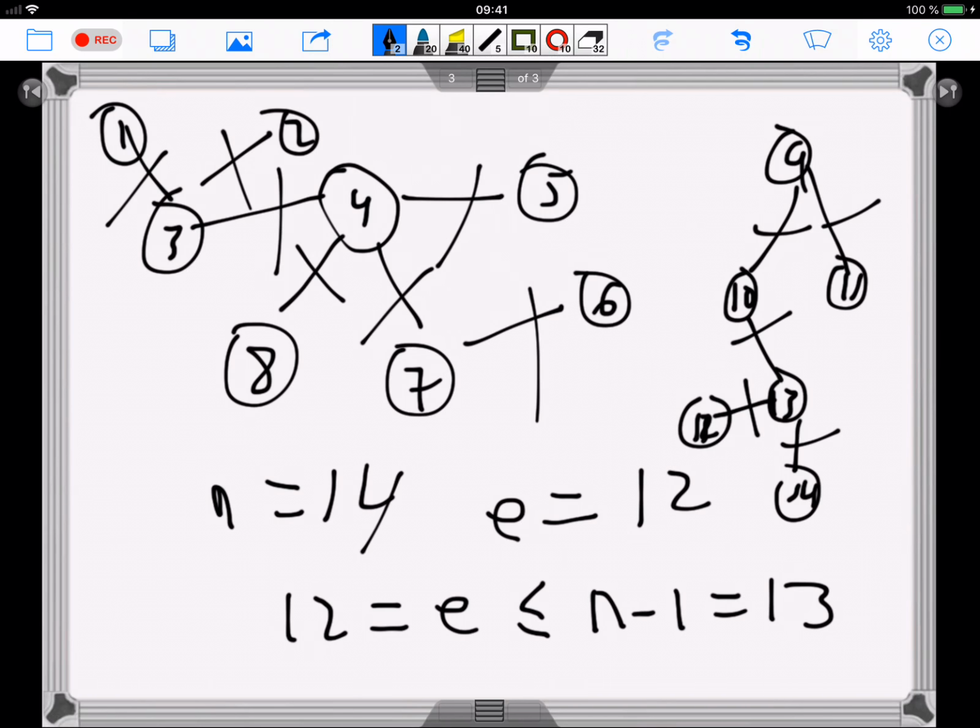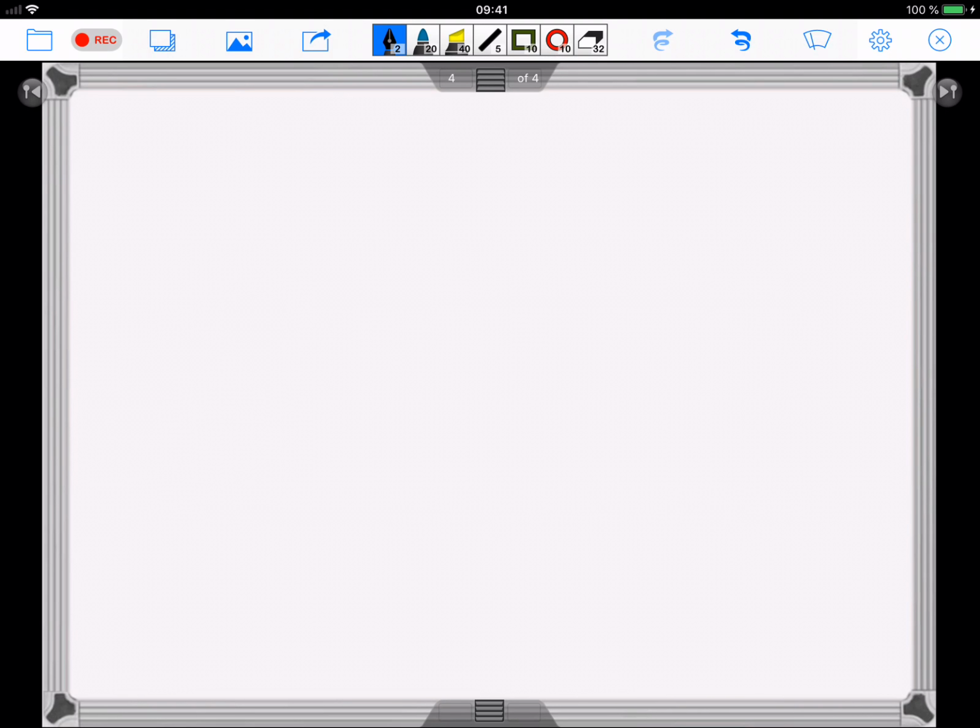But be careful, because we can have a situation in which the number of edges is less than the number of vertices minus 1, and even in that situation the graph does have a cycle.